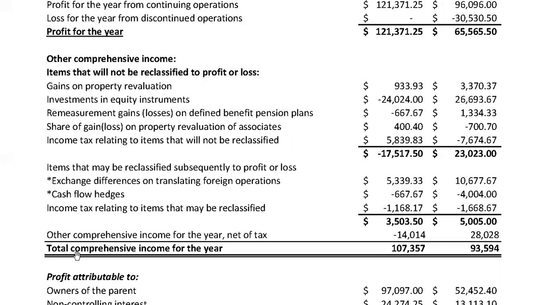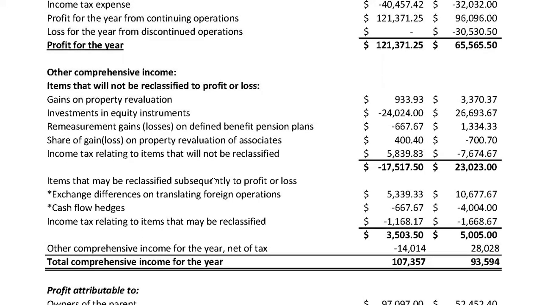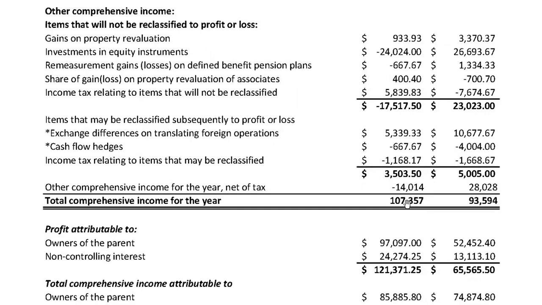Finally, you get the total comprehensive income for the year. Profit for the year plus other comprehensive income equals total comprehensive income for the year.